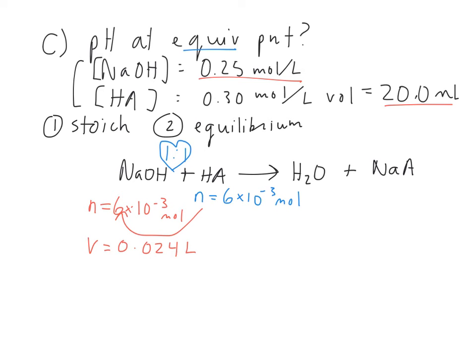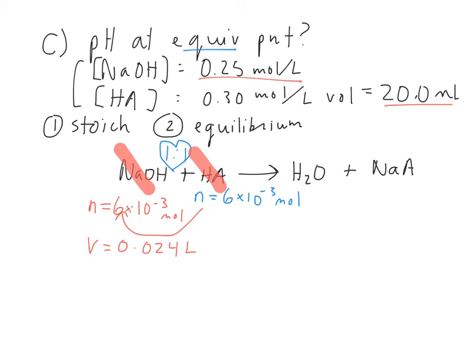Now again, make sure you understand what the equivalence point means, okay? The equivalence point means that's gone, okay? Now before, when we had strong acid, strong base titrations, the equivalence point was at pH 7, right, where you just had water and something like NaCl, okay, if it was sodium hydroxide and hydrochloric acid.